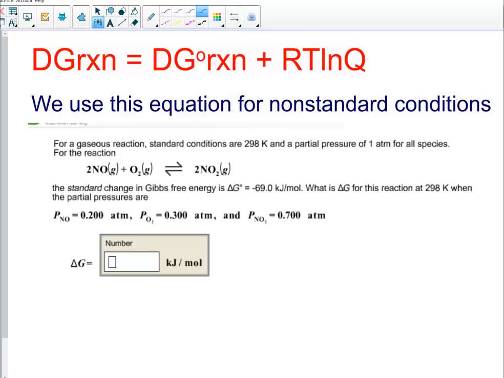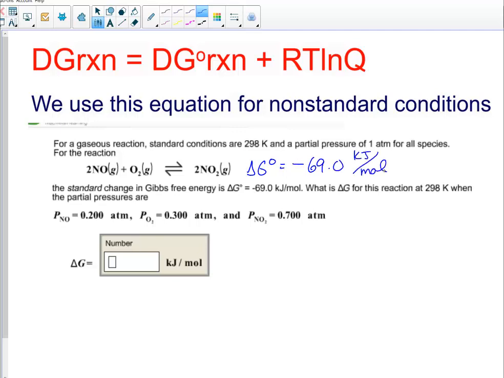Let's do a read through on another practice problem, and I'm going to ask you to work through it once we read it. All right, so we have a gaseous reaction. Standard conditions are 298 and 1 atmosphere for pressure. Those are standard state conditions. And when that happens, the standard state delta G is given as negative 69 kilojoules per mole.